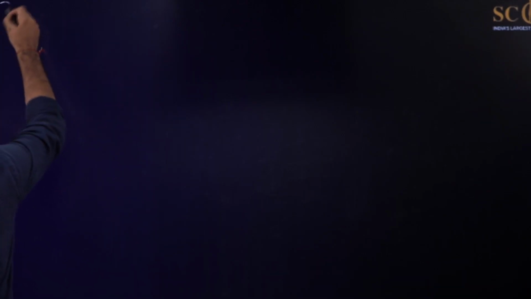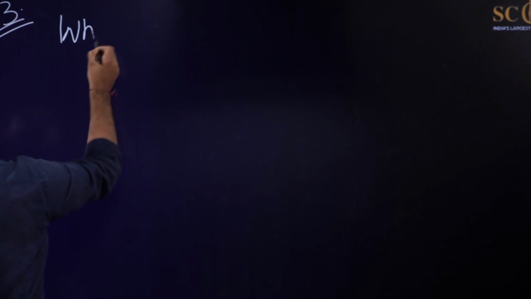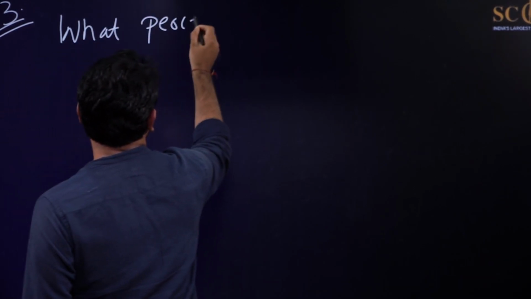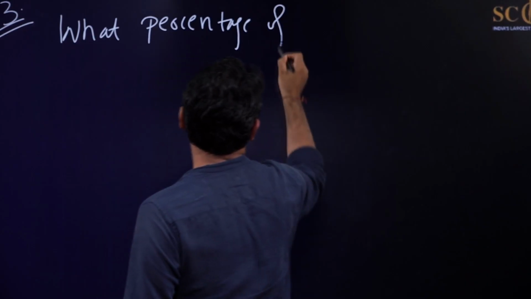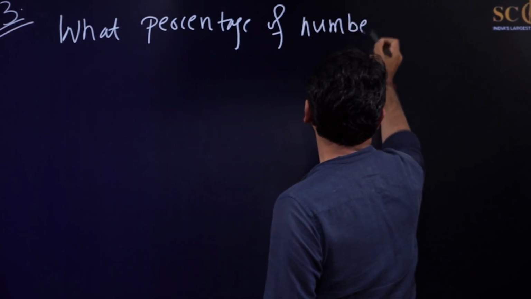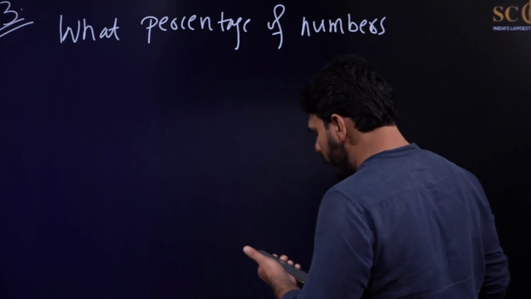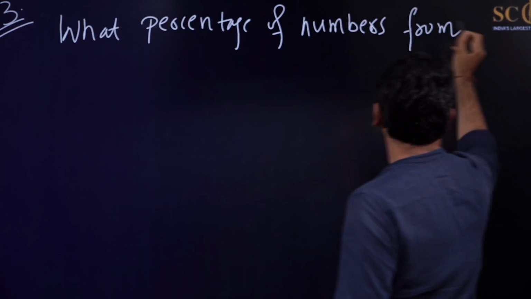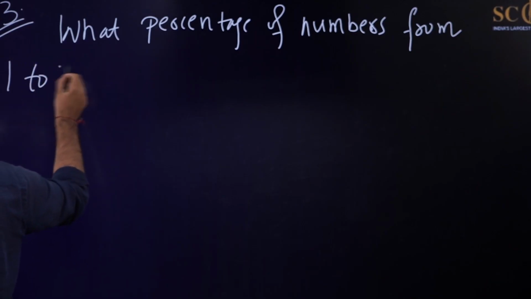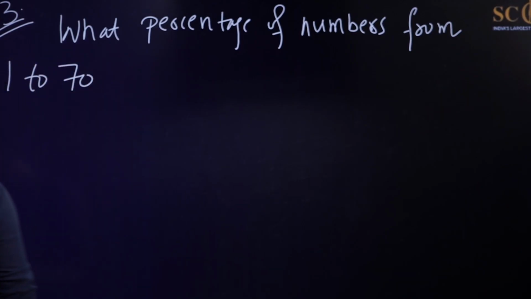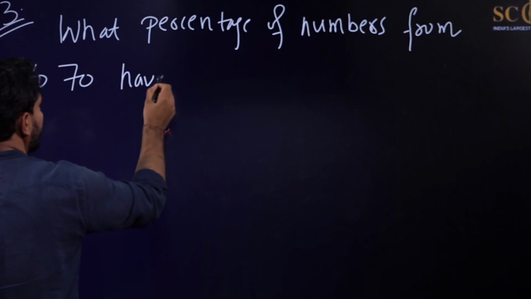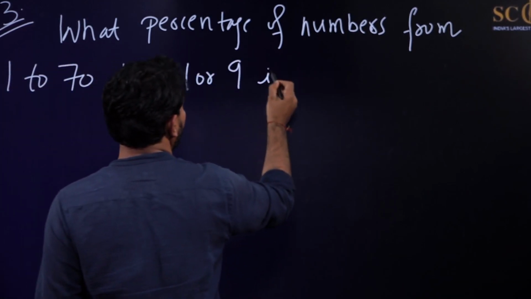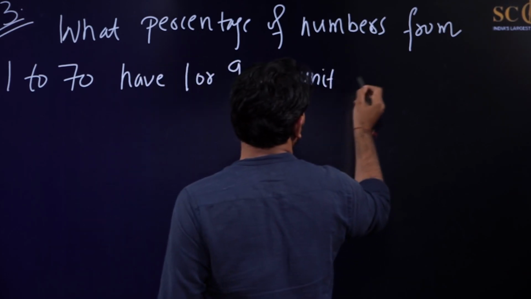Okay. So my dear friends, let us now move on to our next question. So next question is, mission number 3: what percentage of numbers from 1 to 70 have 1 or 9 in the unit digit?